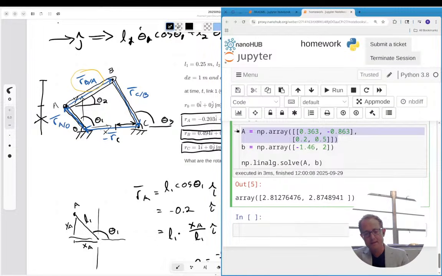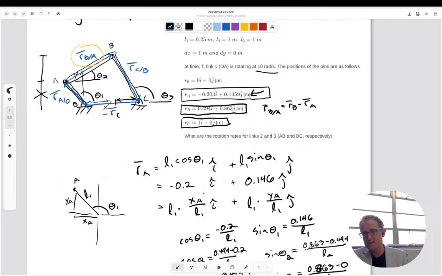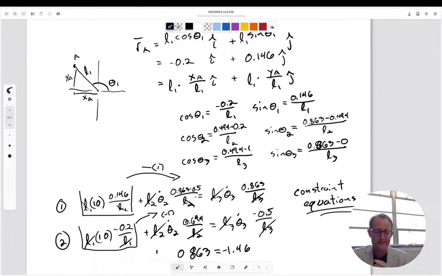But this is a great way to, and you can see, I tried 4 or 5 different variations of this, all very quickly, because I'm plugging it in as a linear algebra problem rather than trying to solve for theta 2 dot in terms of theta 3 dot, making an error and, oh no, this sign is wrong, kind of going that way.